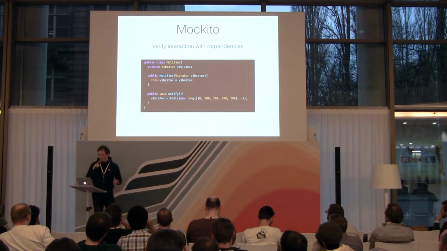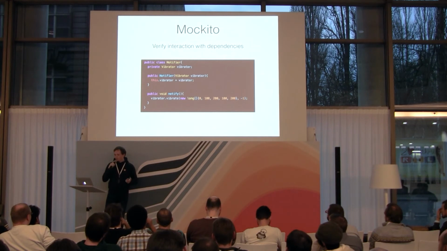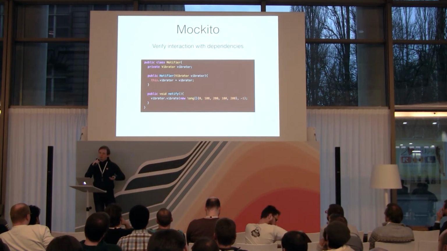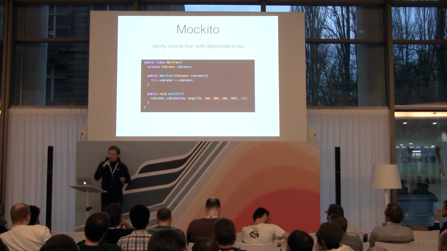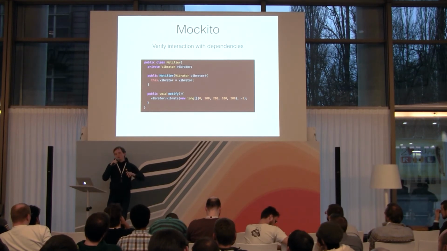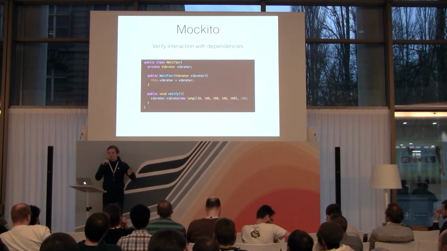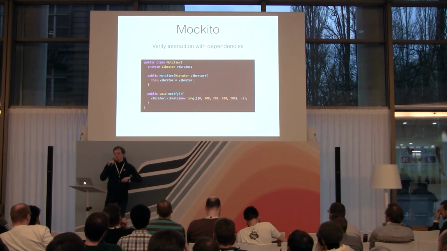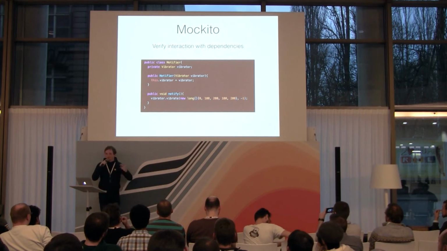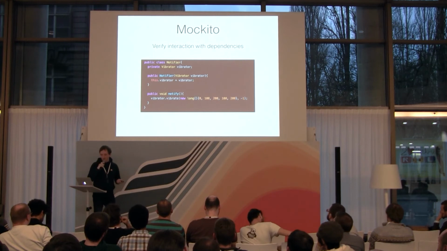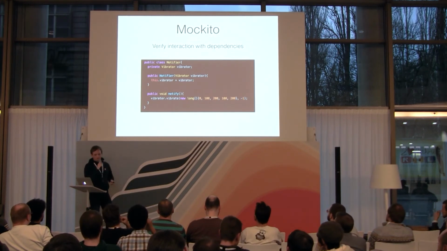Mockito can help you with mocks. So whenever you have a dependency in your test which you need to replace, you would use Mockito in order to be able to simulate the behavior of your dependency. You can just say, okay, when someone calls my dependency, then return this, and in another test you could replace what it returns. And you can also do verifications.